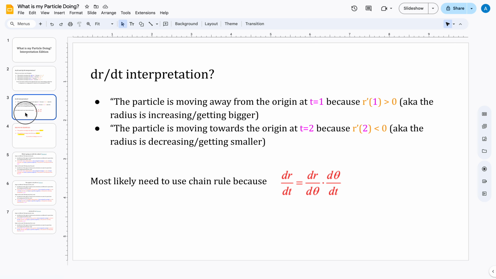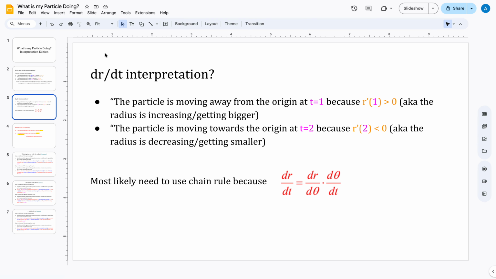Now, if you're given something like dr/dt, this is talking about the rate of change of the radius with respect to time. So this is essentially saying, is your radius getting bigger or is your radius getting smaller? If it's getting bigger, then this tells me that the particle is moving away from the origin because the radius is obviously going to increase.